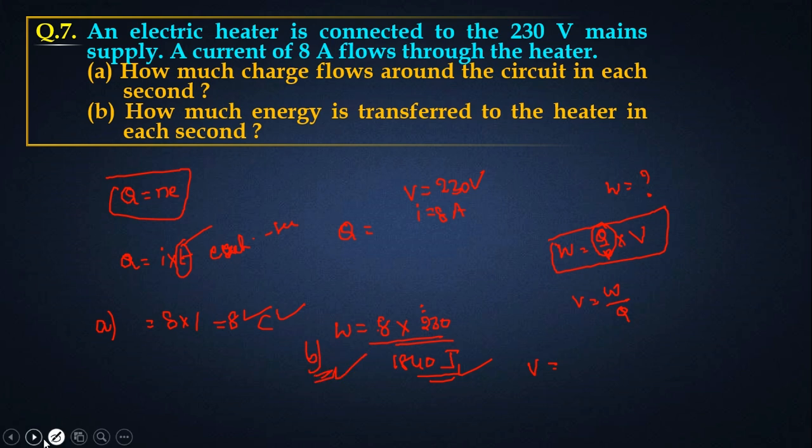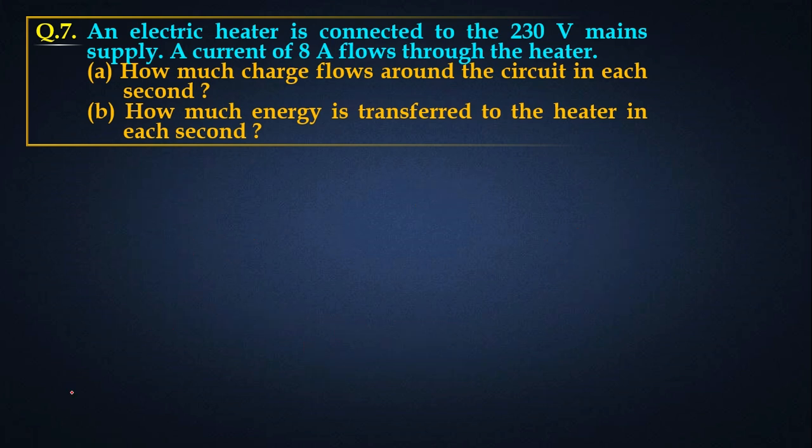Shall I explain once again? How much charge Q is flowing around the circuit in each second? Each second means time is equal to 1 second.